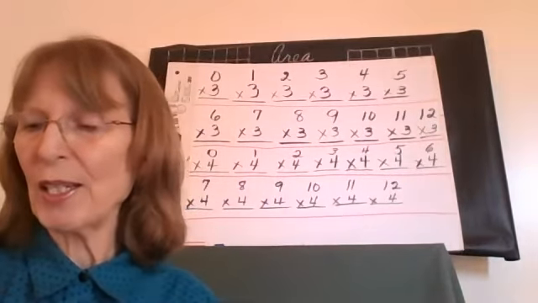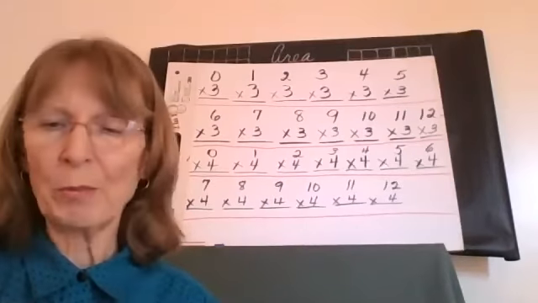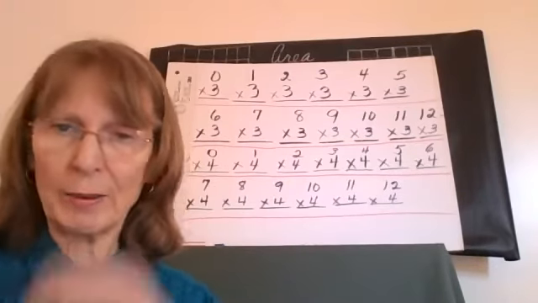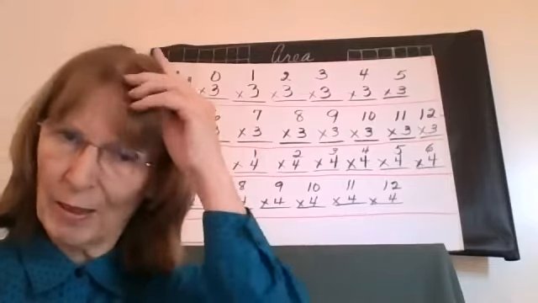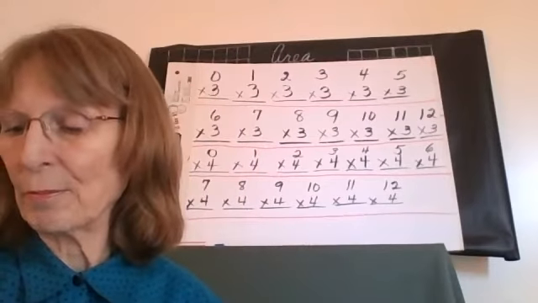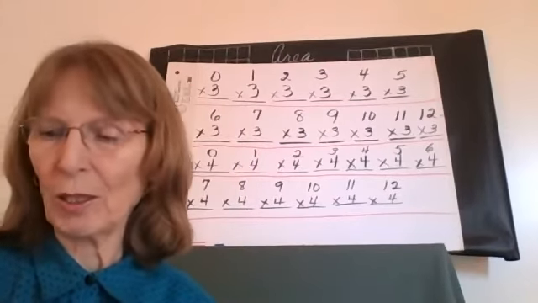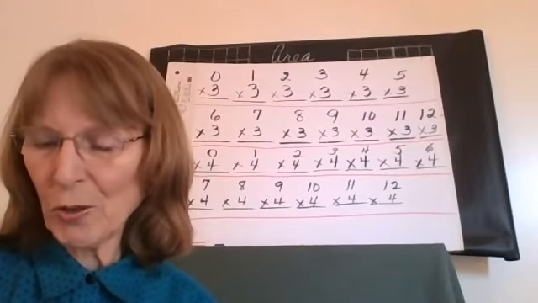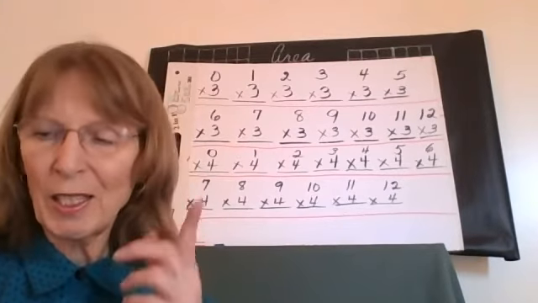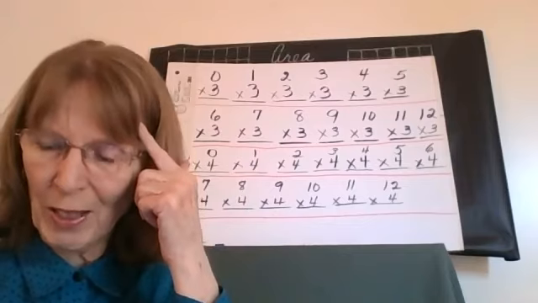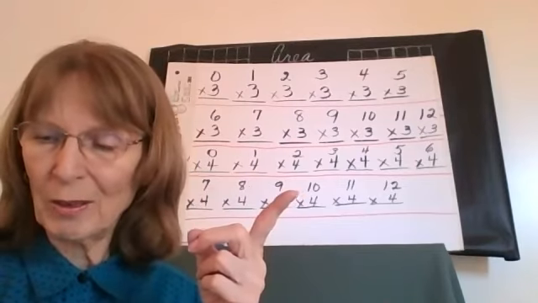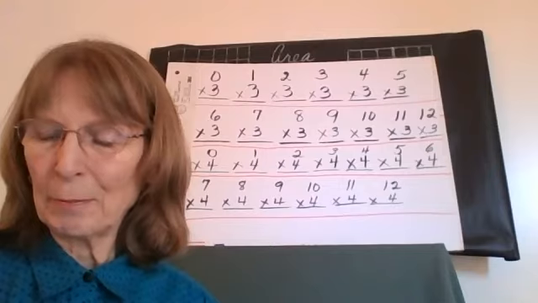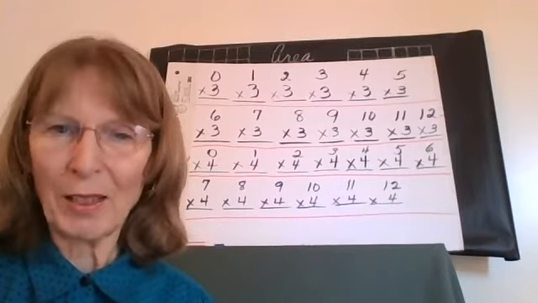Okay, let's go to B. 3 numbers. 17 minus 9, plus 4. So let's do that again. 17 minus 9. Get your answer. Plus 4. I got it.